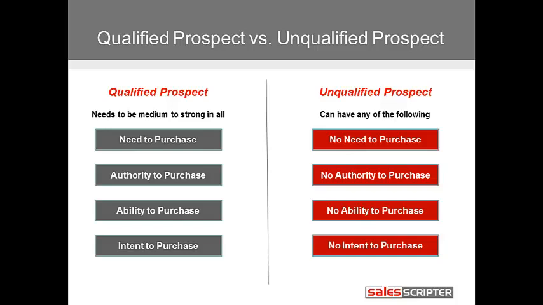And the first one is the need to purchase. So someone actually needs to buy what you have. An example of this might be that their current system is breaking, so they must replace it with something else. Their current contract is expiring. They are making a move, and because of the move, they'll need to purchase something new.